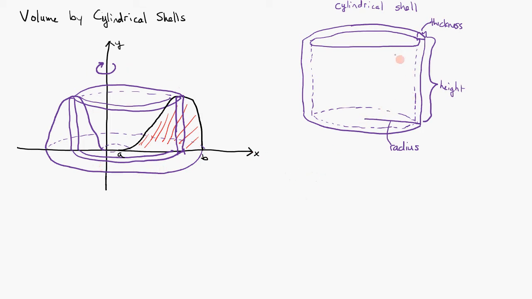So how do I compute the volume of one of these shells? Well, the shape is a cylinder, so the surface area of the outside of the cylinder is going to be the circumference of the base times the height. The circumference of the base is 2 pi times the radius. If we multiply by the height, we get the surface area of the outside.